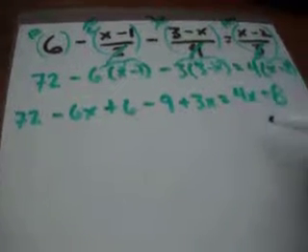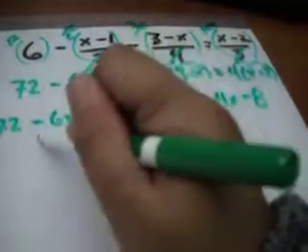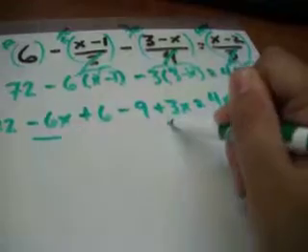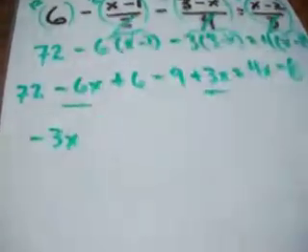Okay? So now I want to clean this up. There's too many numbers here. So let's clean up our x's first. We have a negative 6x and a 3x, so that's just going to be negative 3x.